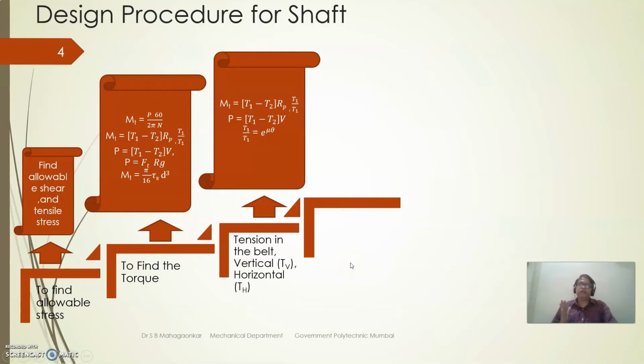This is to find out the total load which is acting downward, right? And the weight of the pulley also we have to take. Once you know the loads, that is the vertical loads and the supporting members, we can draw it.